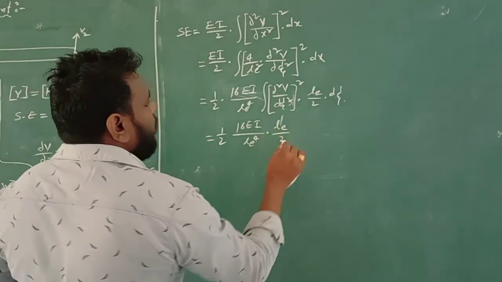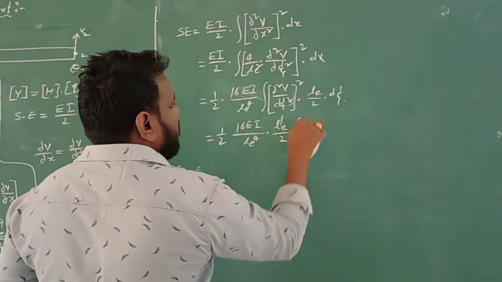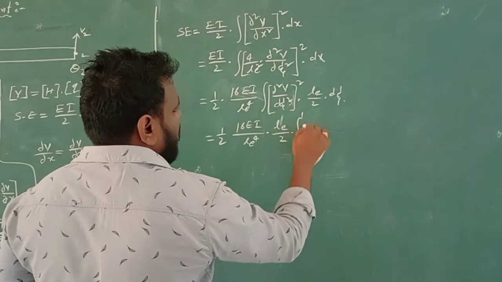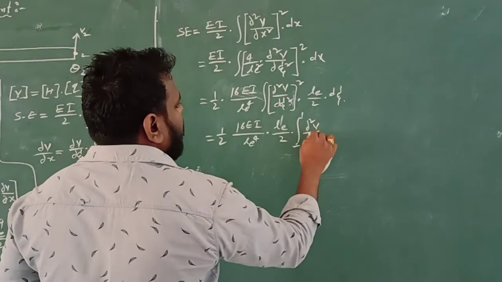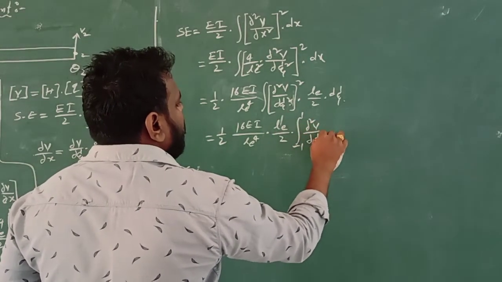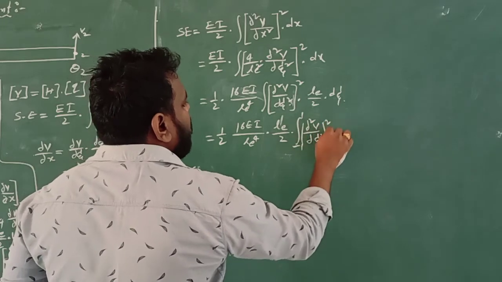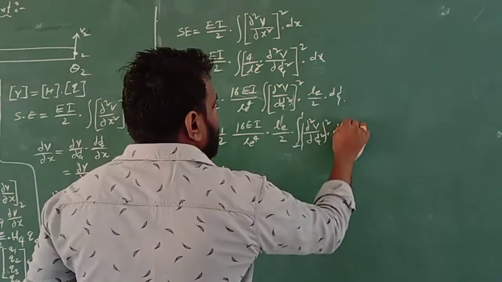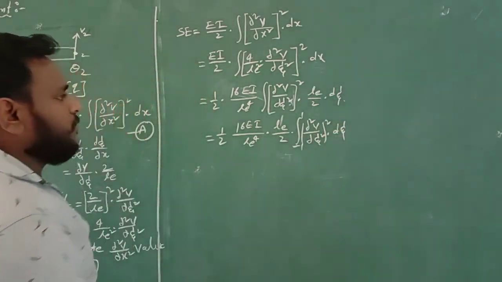So 16 EI/le power 4 into le/2 into the integral from minus 1 to 1 of (∂²v/∂ξ²) whole square into dξ.